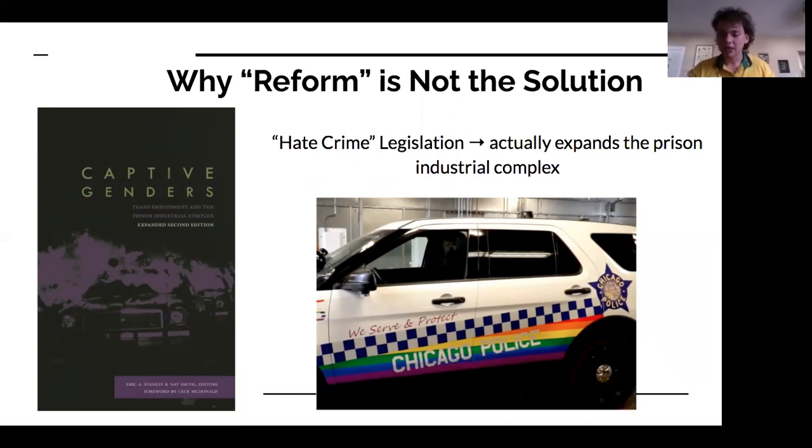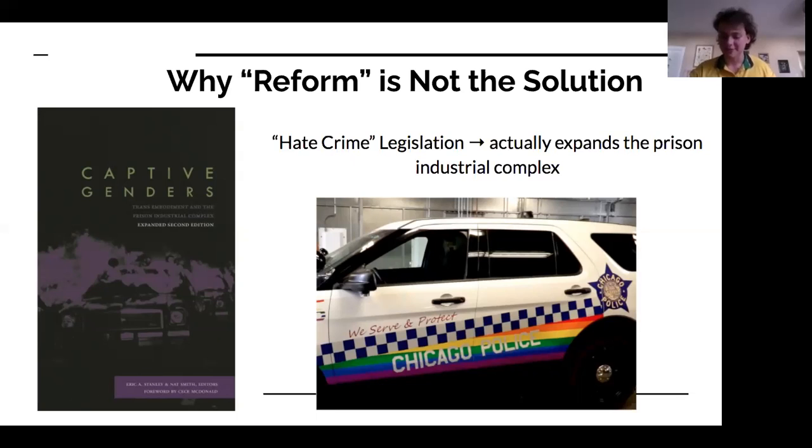And implementation of this type of legislation often involves a lot of collaboration with law enforcement, including giving them more resources. And this type of legislation really does virtually nothing to actually address the causes of violence against LGBTQ people or to help them heal from this violence.